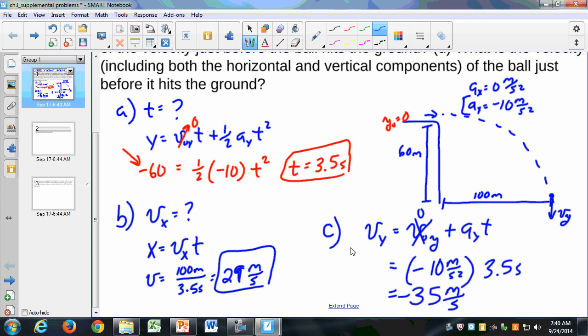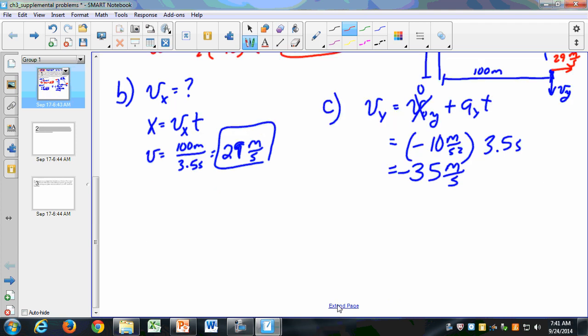And then for the very last part of this question, it just wants to know the magnitude of the speed. So we have two components: my Vx, which we've already said is 29 meters per second, and my Vy, which is negative 35. What is the magnitude of the vector made up of those two components?